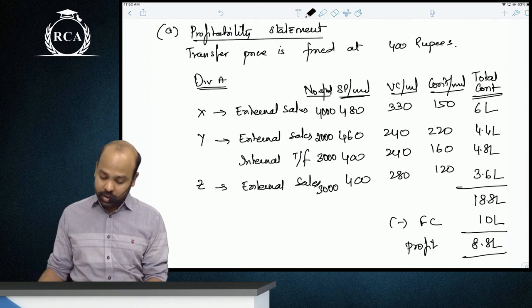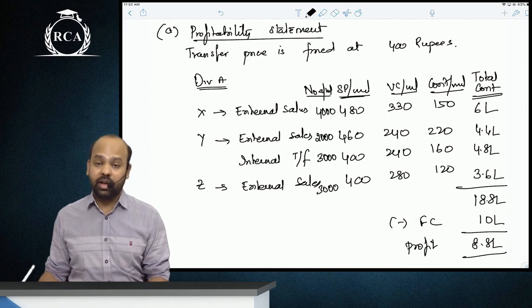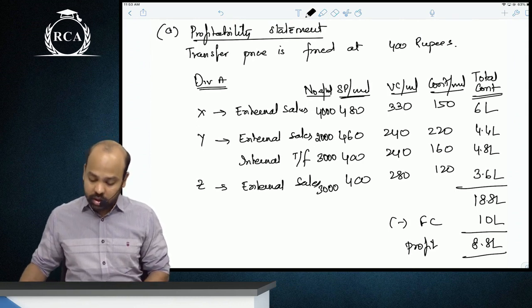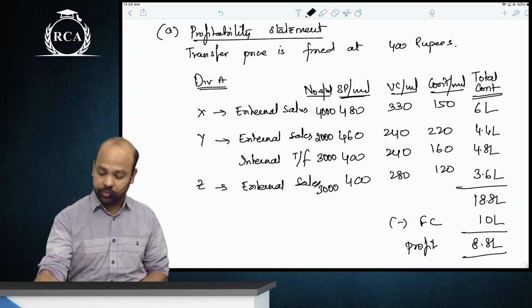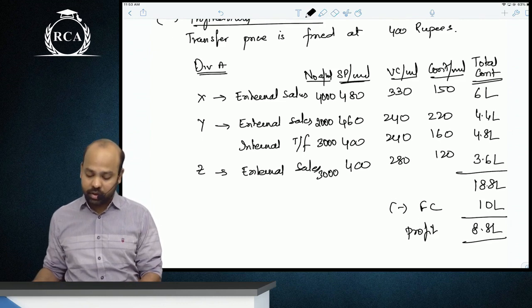I don't think, beta, there should be any problem in understanding this. Of course, beta, division A is at a loss because the internal transfers are not at the correct price, and this is an undue advantage being given to division B here.